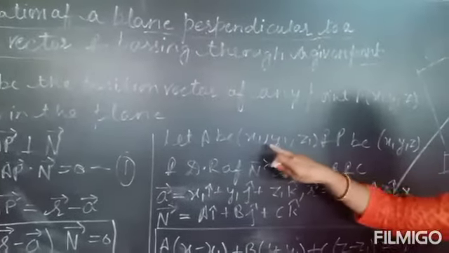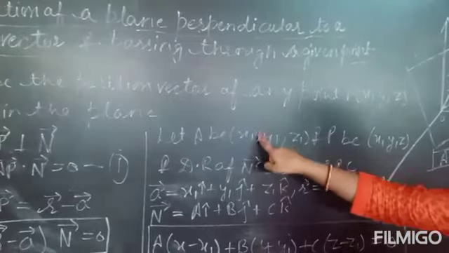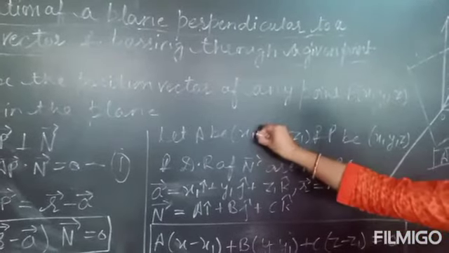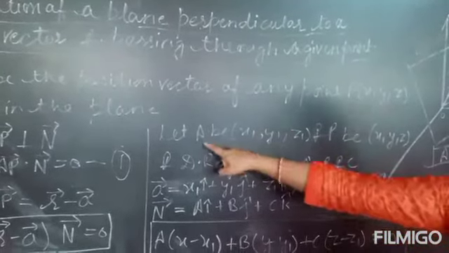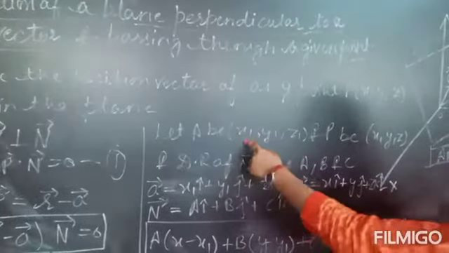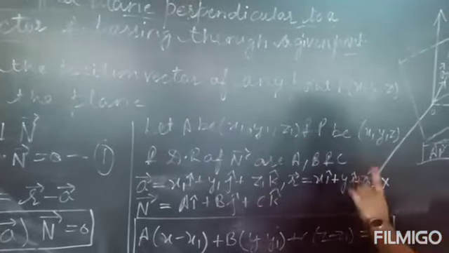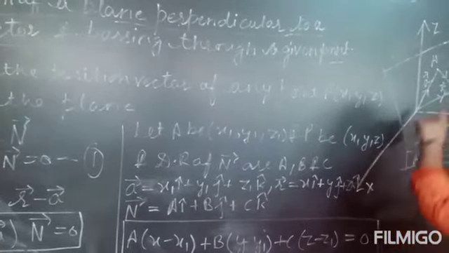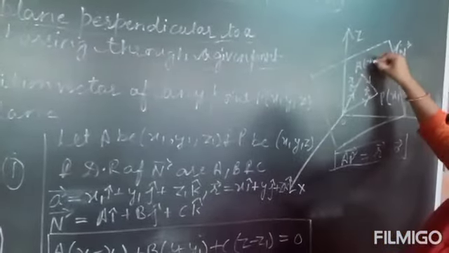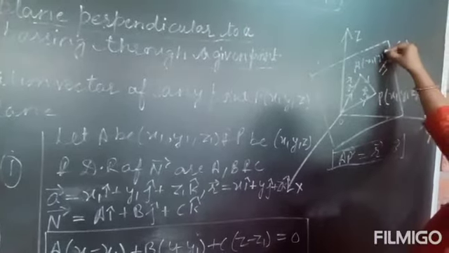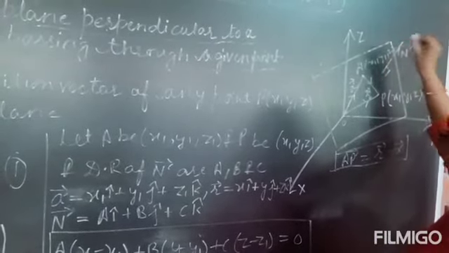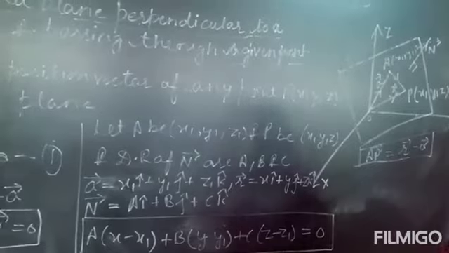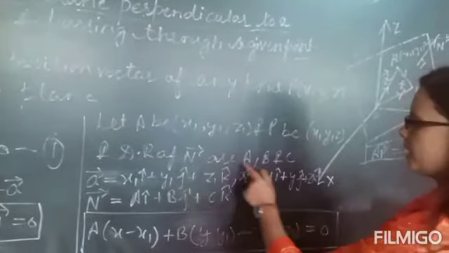Suppose the coordinates of A are x1, y1 and z1, and the coordinates of P are x, y and z. And the direction ratios of n are a, b, c.